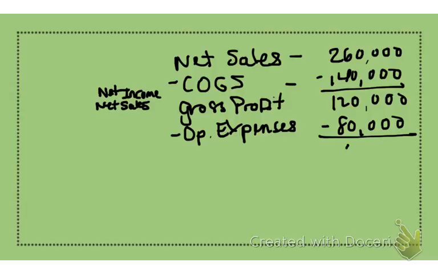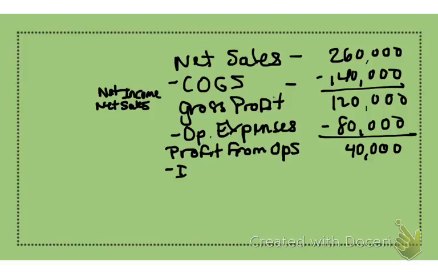And we get an operating margin or profit from operations of $40,000. And then we will take away our income taxes of $10,000.